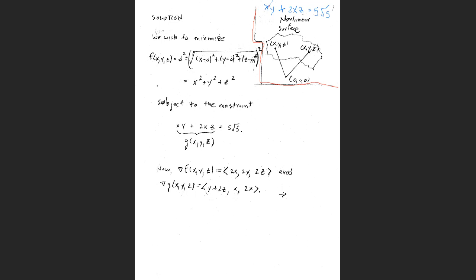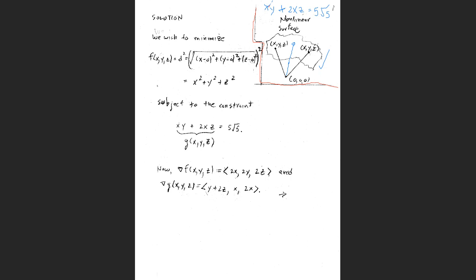Okay, so we wish to minimize the distance between the surface and the origin. And in my little diagram here, I note to myself that it's possible there could be two points that are minimum distance. There could even be 3 points or 4 points, who knows.